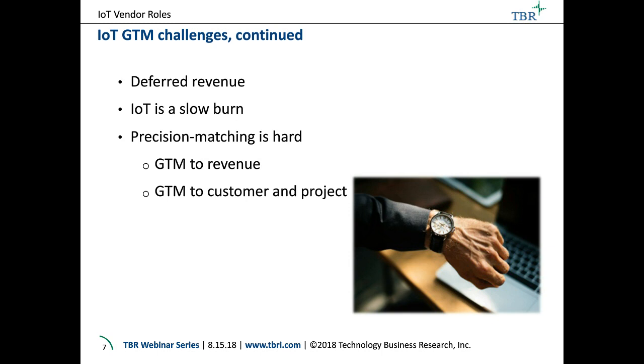And finally, and that's what we'll discuss here, your GTM should fit your role relative to that customer and that project. Getting that right is hard, but it's also worthwhile because it reduces wasted GTM expenditure. It makes your GTM hit the target, increases your likelihood of success, and lowers your total GTM costs.